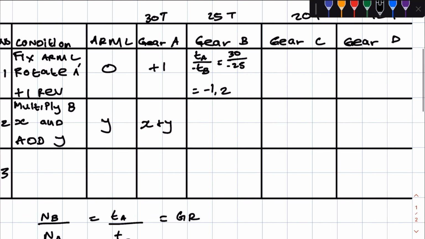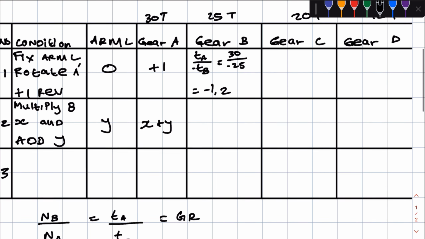Now, if you look here, we have our third condition. What happens next is we equate conditions 2 with 3. For instance, under the arm L, when equating conditions 2 and 3, we know that y is equal to 6.5.